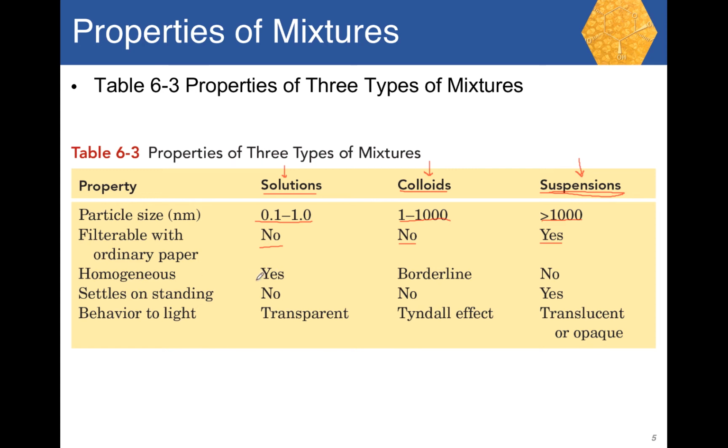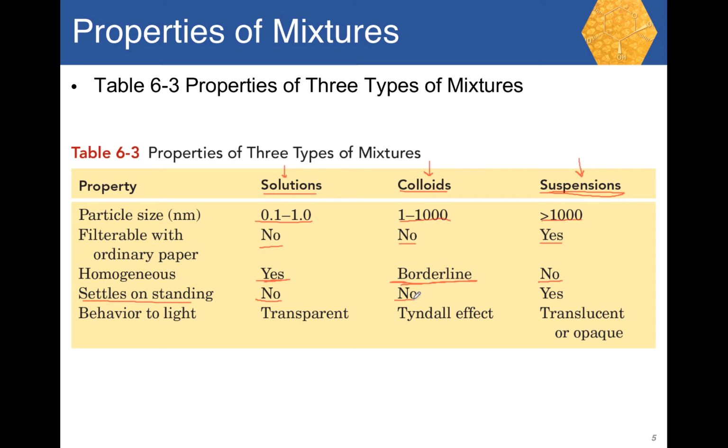Homogeneous? A solution, yes, it is homogeneous. A colloid, it's borderline, homogeneous versus heterogeneous. And of course, if it's a suspension, it is not homogeneous, it's heterogeneous. You can really see both aspects of that solution. And the last one here is settle on standing. No, you have a solution of salt and water. You have it sit overnight. It still remains a uniform solution. You have a colloid, you have it sit overnight.